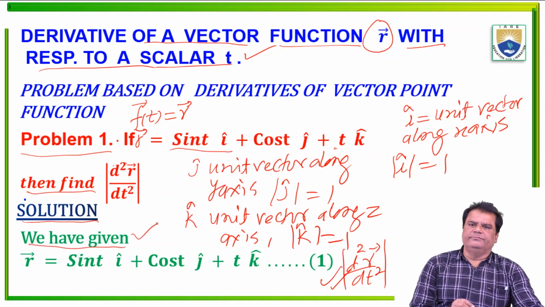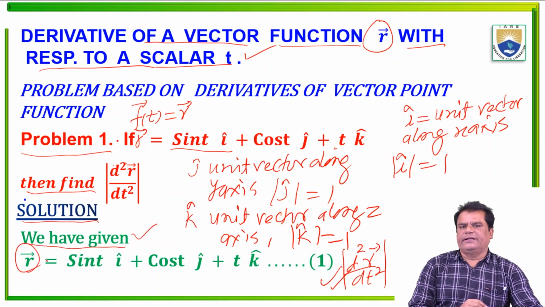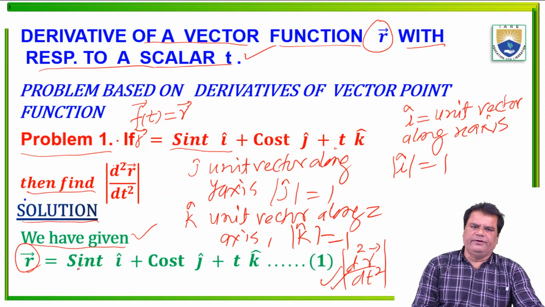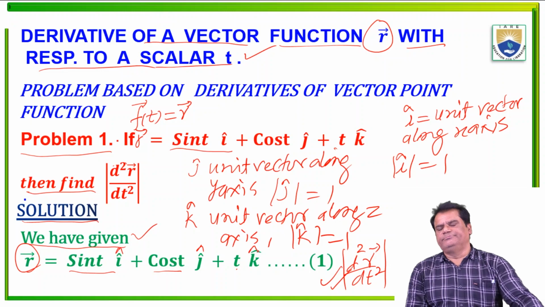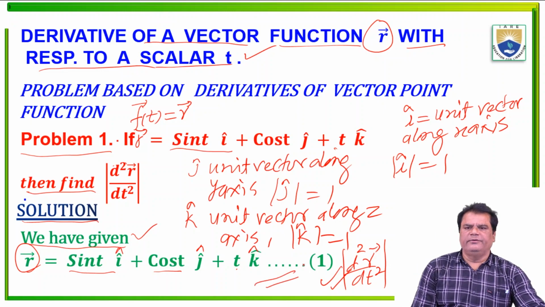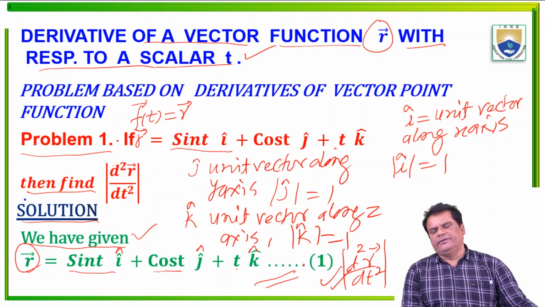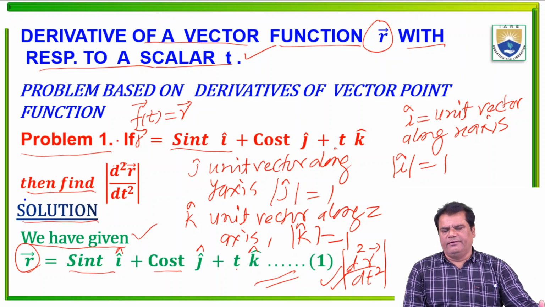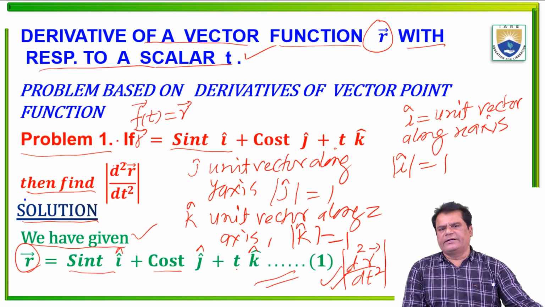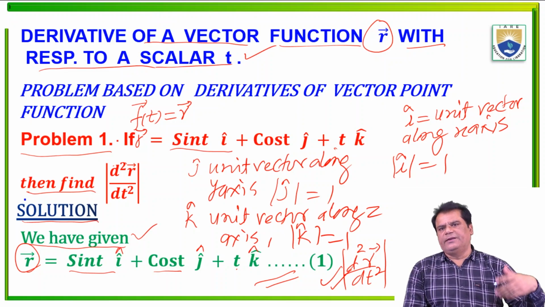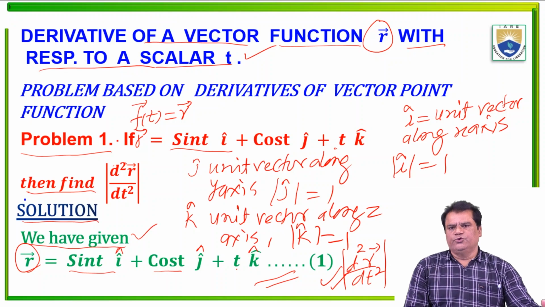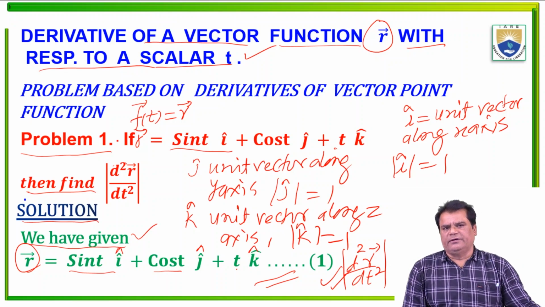We have been given vector R, which is sin t into i cap, and cos t into j cap, and plus t into k cap. This is equation 1, given in our question paper. This is the vector point function R, in vector form. i, j, k are present in our equation, so we can say this is a vector point function.